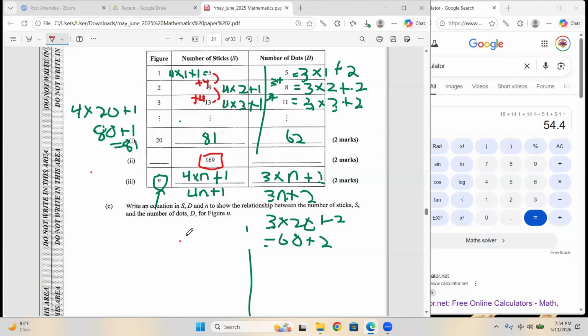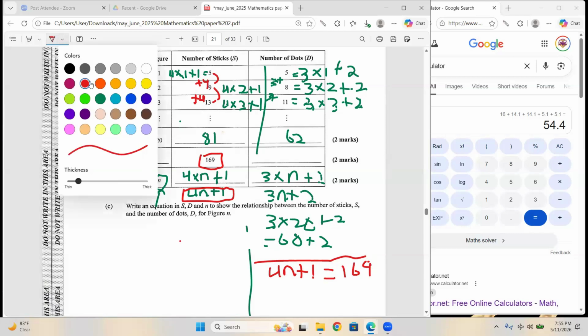Anytime you are given the answer and you know the formula that you need to use, create an equation. So the formula that we're using for this column is 4n, or 4 multiplied by n, add 1. And that is equal to 169. So we know the answer, we create an equation and then you transpose.